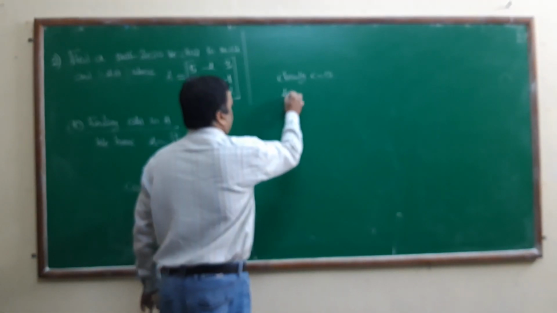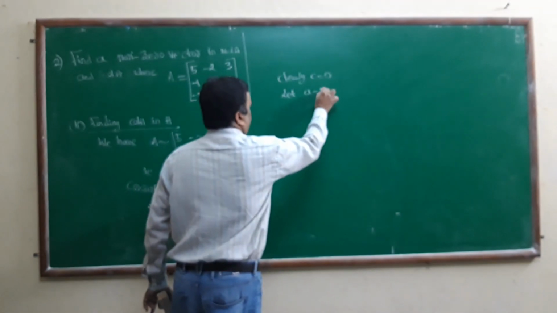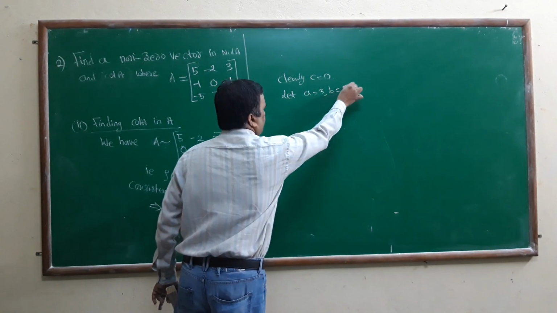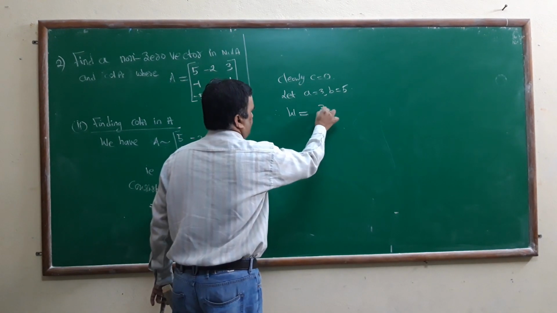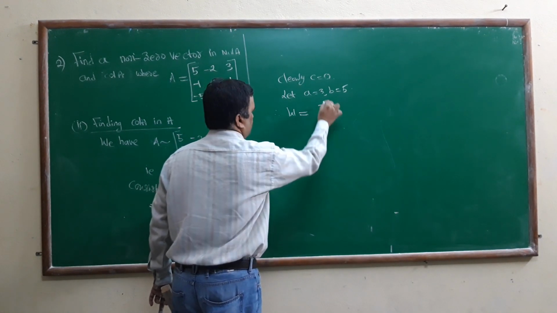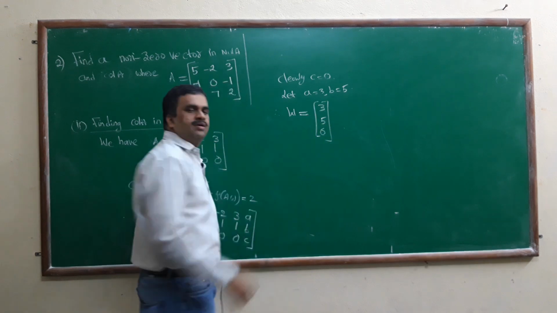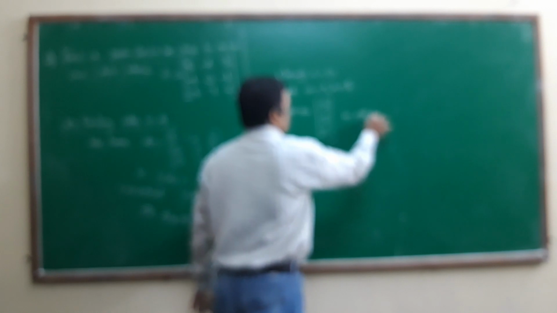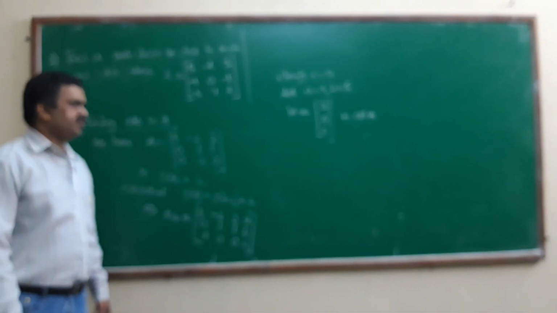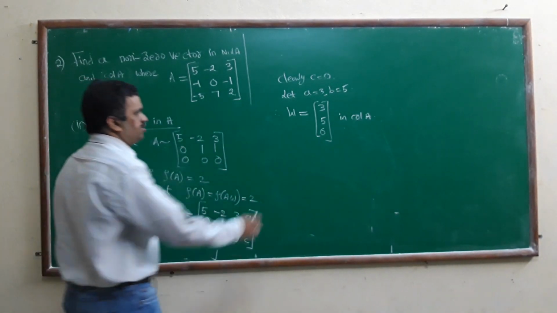So simply, I will consider a equal to 3 and b equal to 5. Therefore w is equal to 3, 5, 0, a non-zero vector in column A.